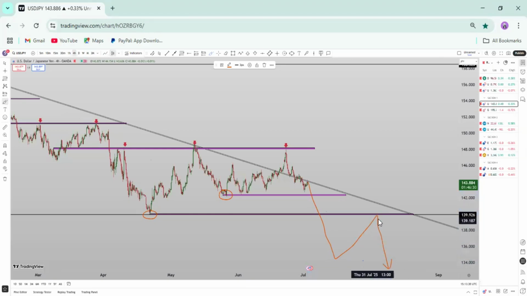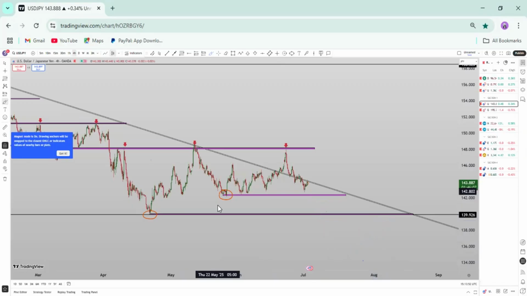Then that will be a good sign for me to look for a setup on USD JPY, after the market has broken this inner one and this outer one. That's when I will have a good setup to continue with my bias to the downside.